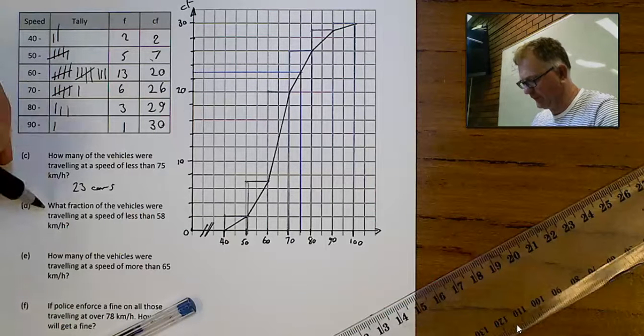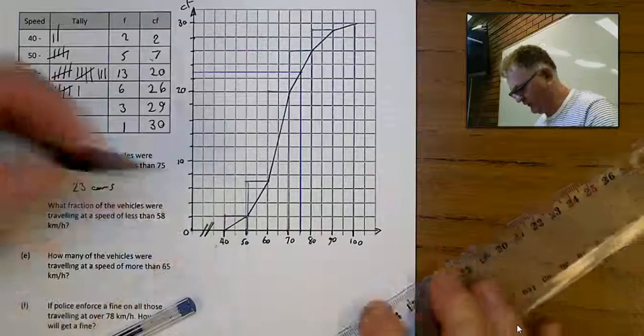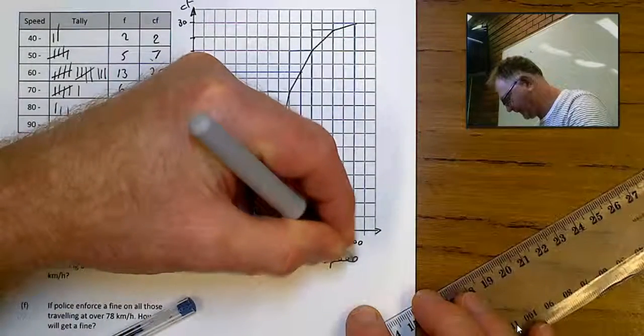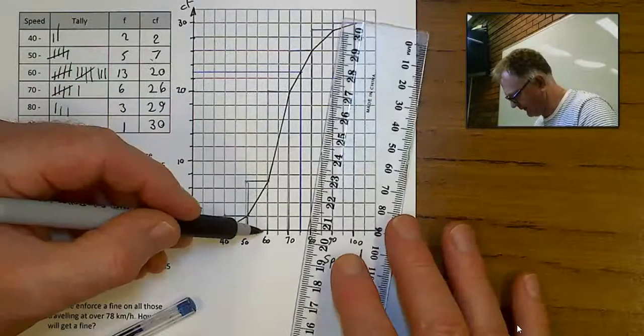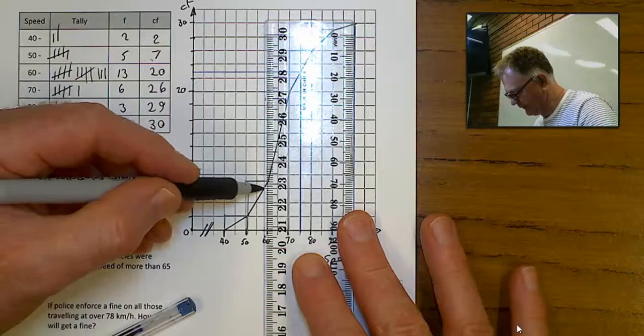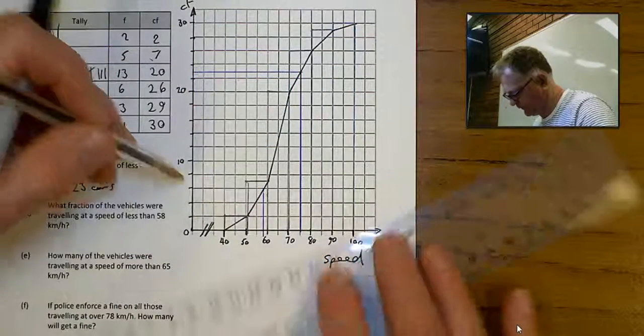What fraction of the vehicles had a speed of less than 58? So we probably should label this as the speeds here. What fraction had a speed of less than 58? 58 here. Up to my graph here. And along.